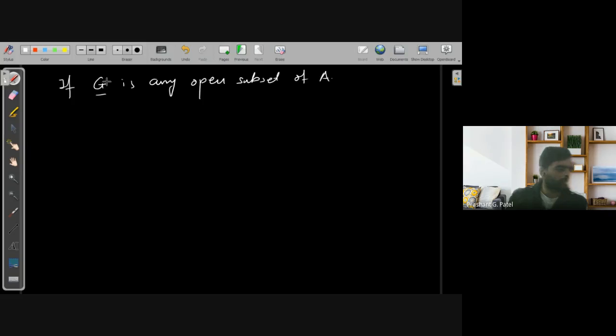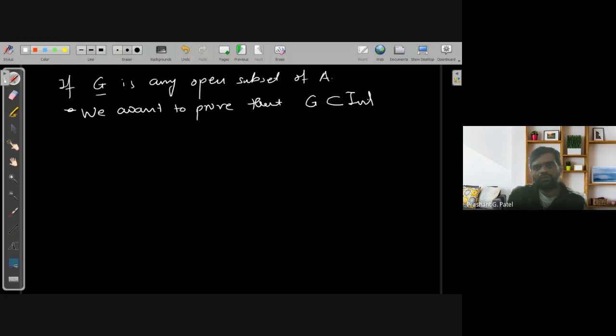So what is my objective? We want to prove that this G is a subset of the interior of A. This is my objective.